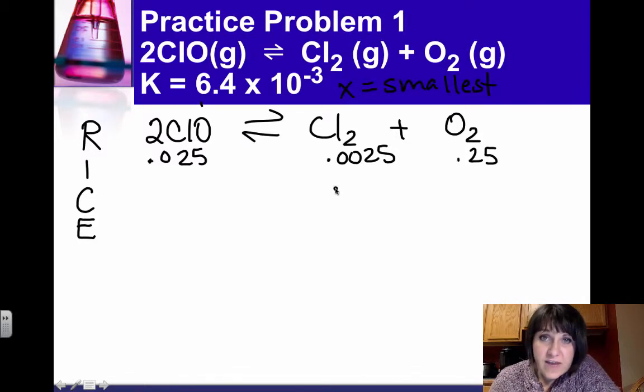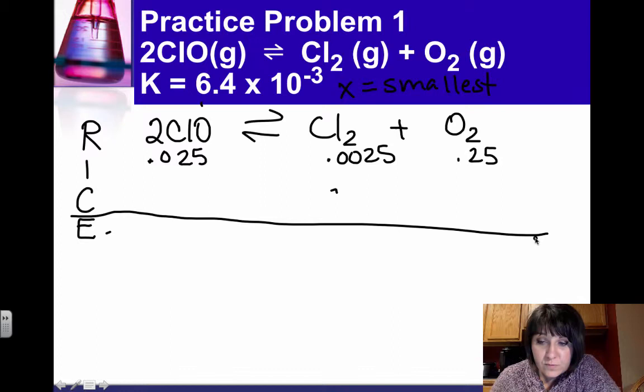And the smallest thing I have right now is chlorine, right? So as we continue to make more products in the reaction, we're still not going to get very much. I think chlorine is still going to be the smallest thing that we have at equilibrium, because we're not going to make very much of it, and it's already our smallest thing.